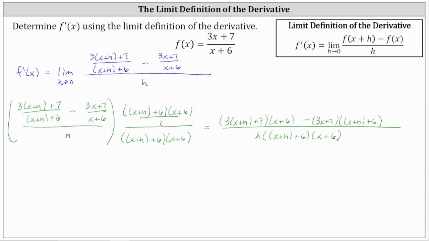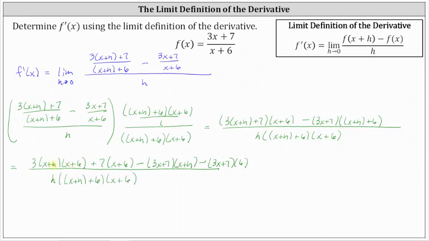And now we need to begin simplifying the numerator. Let's distribute the x plus 6, which gives us 3 times the quantity x plus h times the quantity x plus 6, and then plus 7 times the quantity x plus 6. And then for the second product, we will distribute the quantity 3x plus 7, giving us minus the product of 3x plus 7 and x plus h minus the product of 3x plus 7 and 6, all over the same denominator.